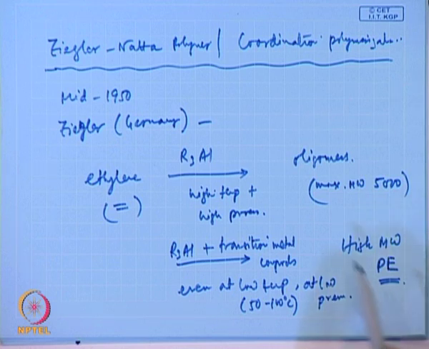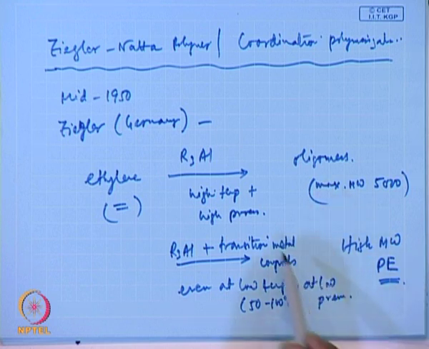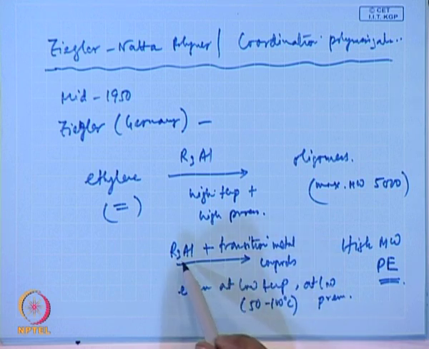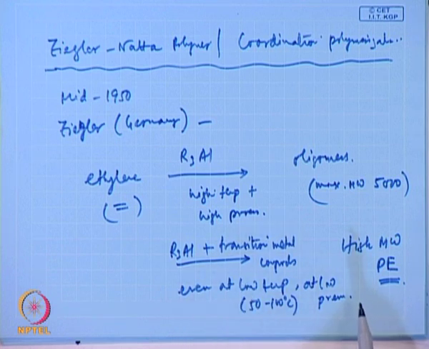So, basically, what is the change here? It is only the addition of transition metal compounds along with this alkyl aluminum. Then the polymerization nature was dramatically changed. You get a very high molecular weight polyethylene.